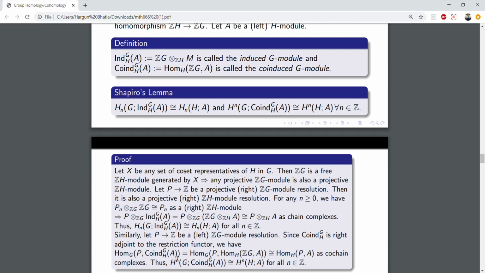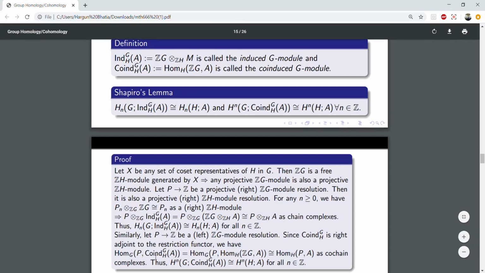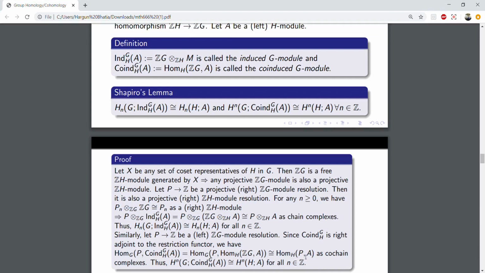So by the defining property of a right adjoint, this is isomorphic to Hom over H of P comma A, where P is now restricted to being a ZH module. So this is isomorphic as cochain complexes, and therefore the cohomology of this is the same as the cohomology of this, because P is a projective ZH resolution as well. So the cohomology will be computed by taking the cohomology of this cochain complex, and that's the proof.